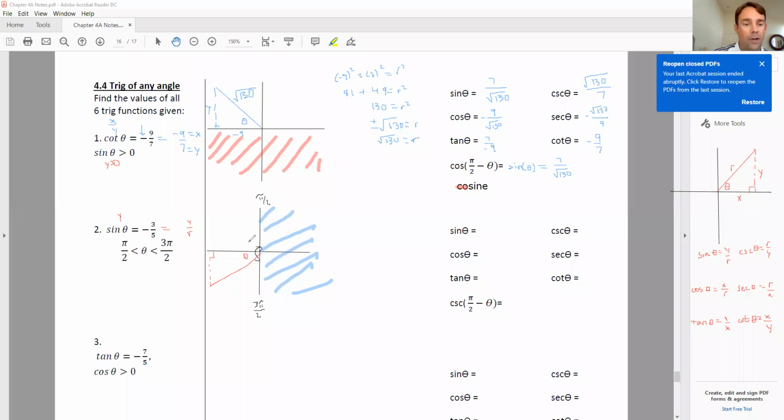Since my r value has to be positive, that means the negative is going to go with the negative 3. So y is negative 3, r is going to be 5. So I'm going to put that on my graph.